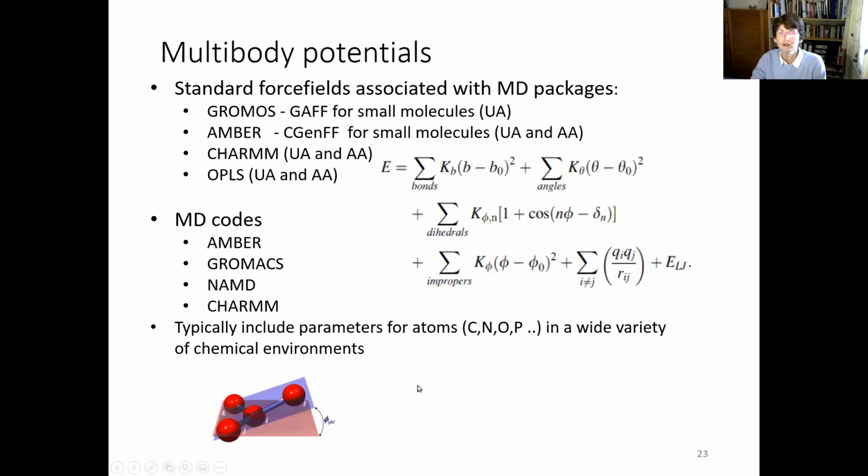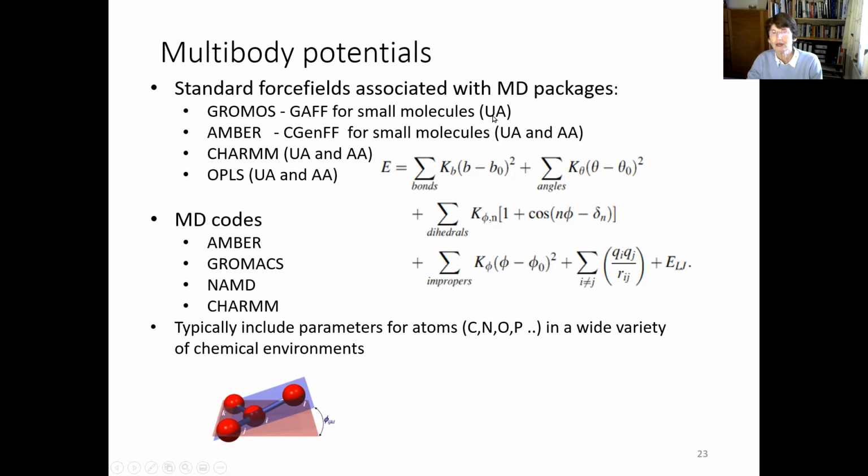Because multi-body potentials are so important for biomolecules, there are a lot of standard force fields which are under continuous development and become better all the time. I've mentioned some here: GROMOS, AMBER, CHARMM, and OPLS. There's usually a function both for small molecules and for large molecules, with different potential parameter sets.